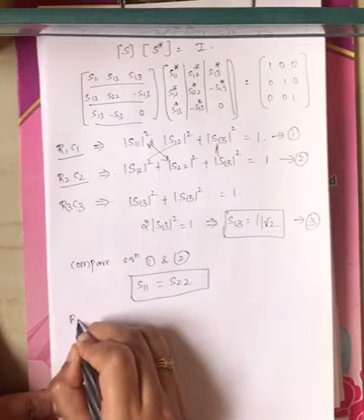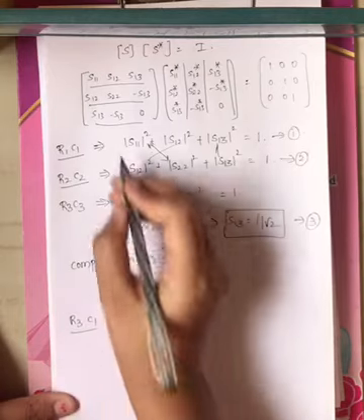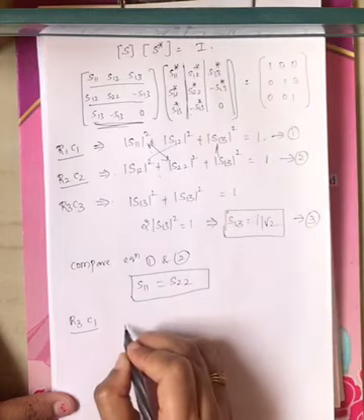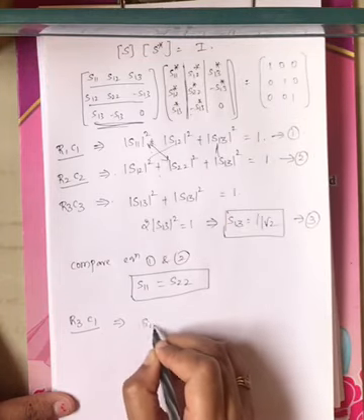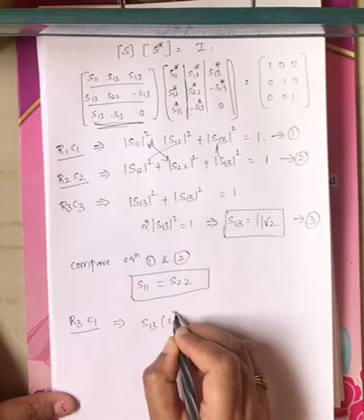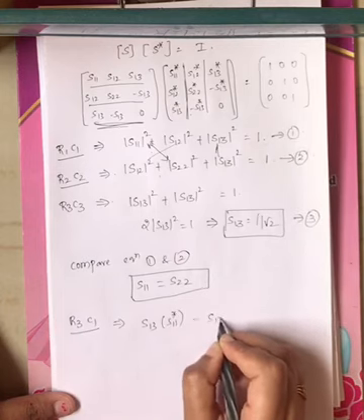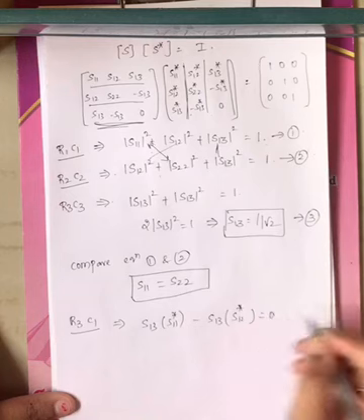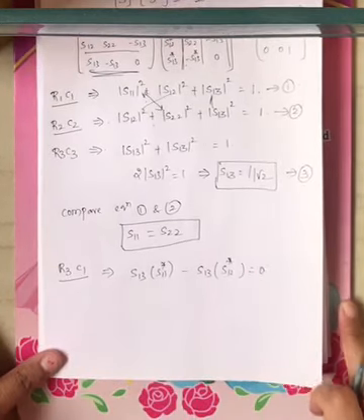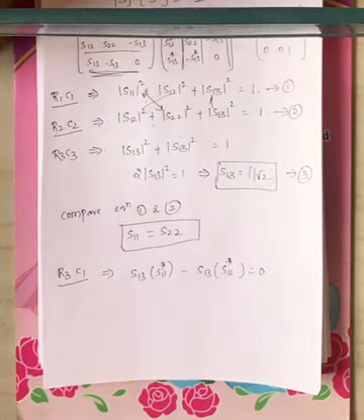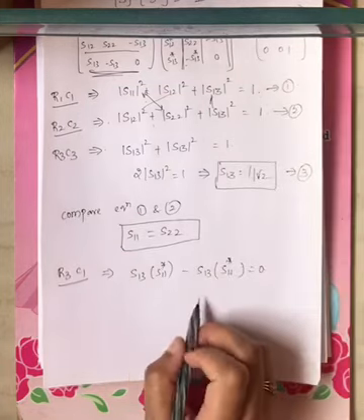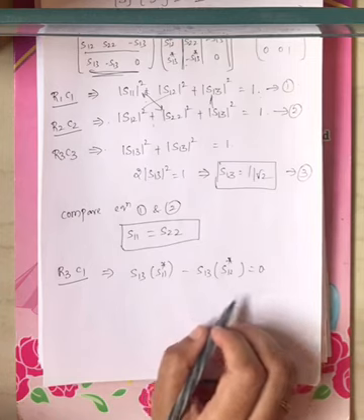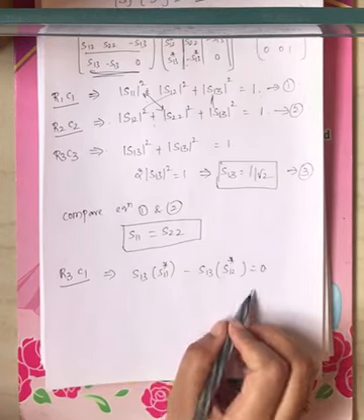Now multiply row 3 with column 1: S13 into S11 conjugate minus S13 into S12 conjugate equals 0, right?